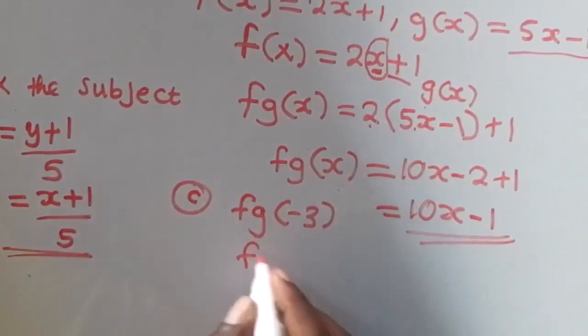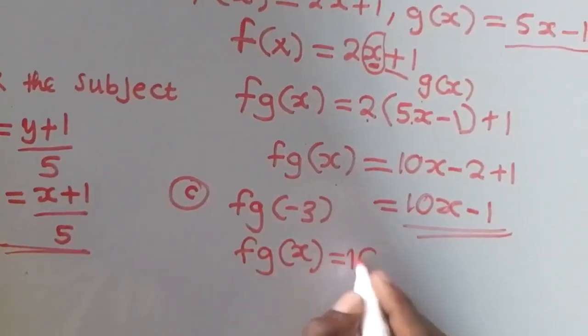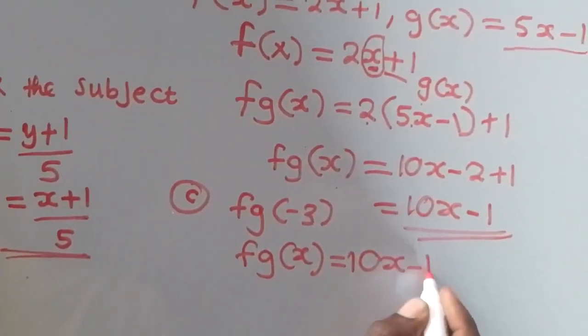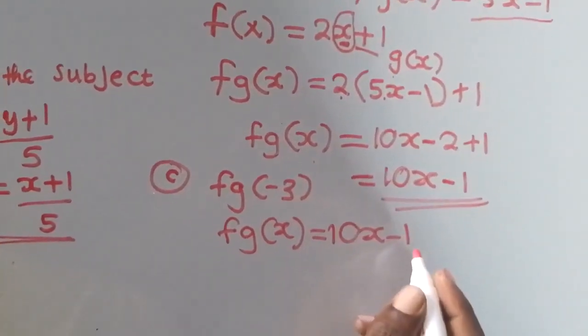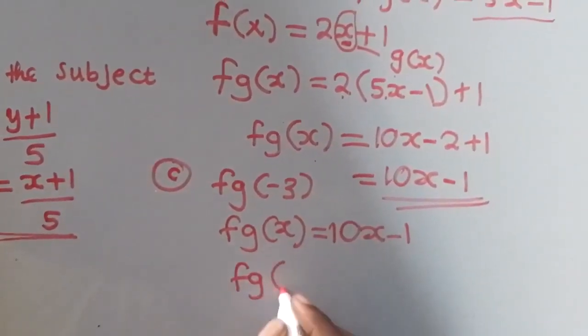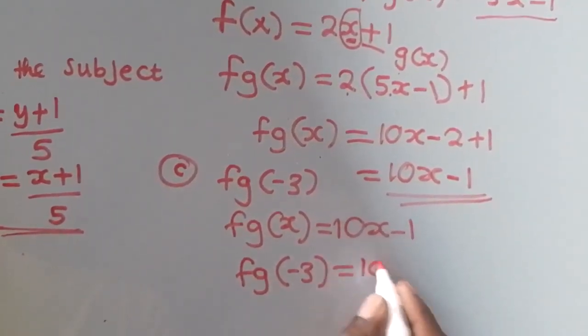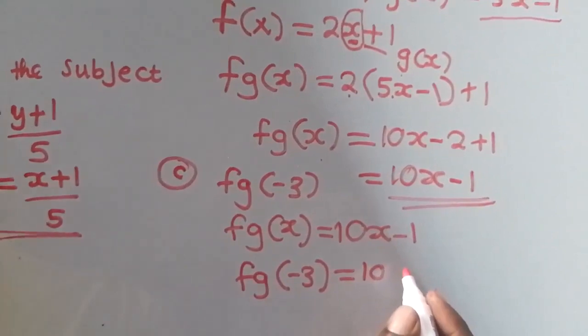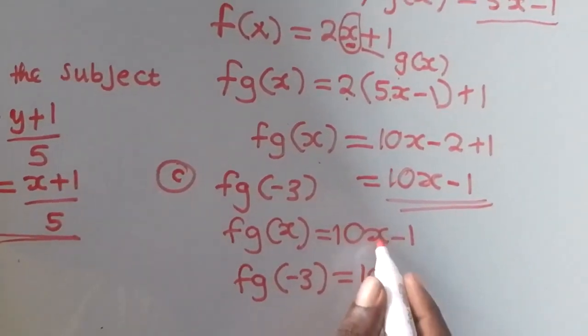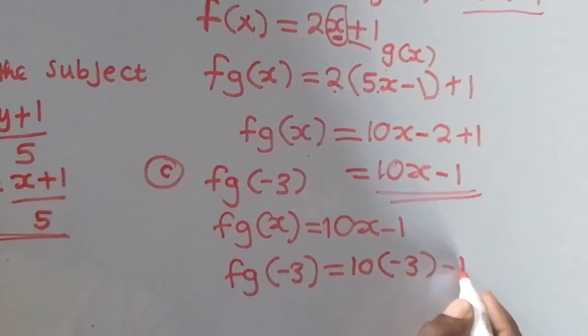So fg of x is equal to 10x minus 1. After doing this, where there is x, there is negative 3. So fg of negative 3 is equal to 10 times my x. What is my x? My x is negative 3. So multiply by negative 3, minus 1, like this.